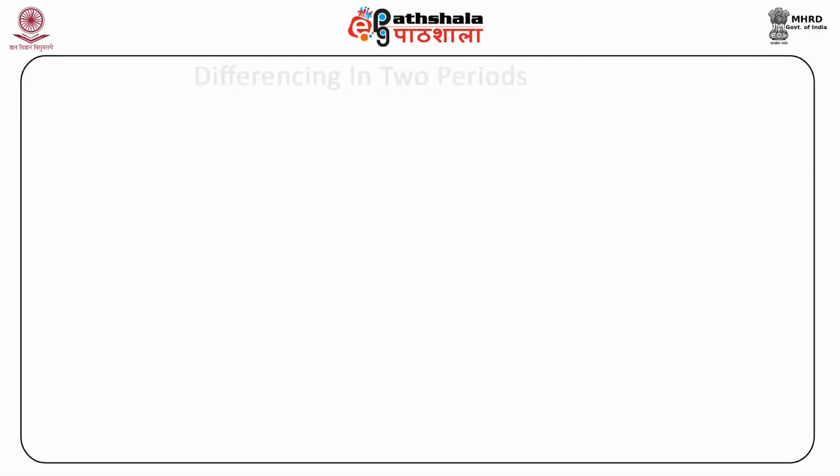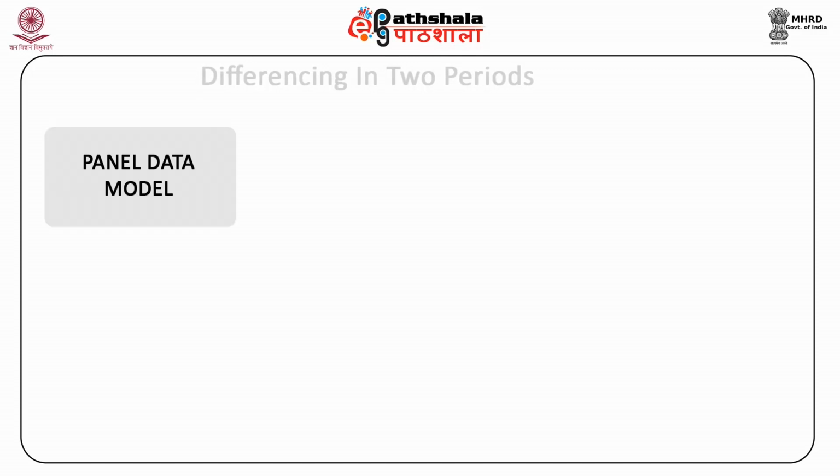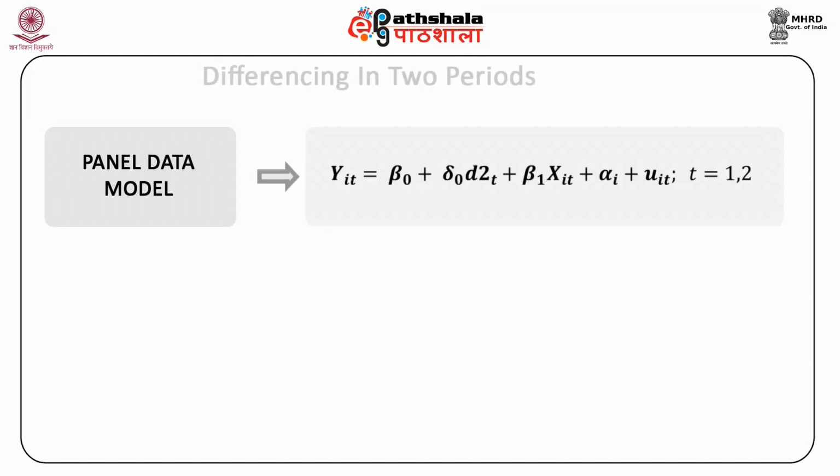Assuming i denotes the cross-sectional unit and t denotes the time period, we can write the panel data model as y_it = beta_0 + delta_0 d2_t + beta_1 x_it + alpha_i + u_it, where t takes the value 1 and 2. This is our equation 1.